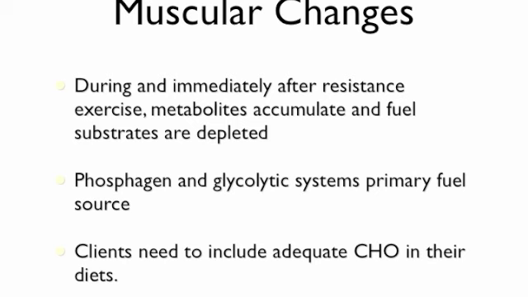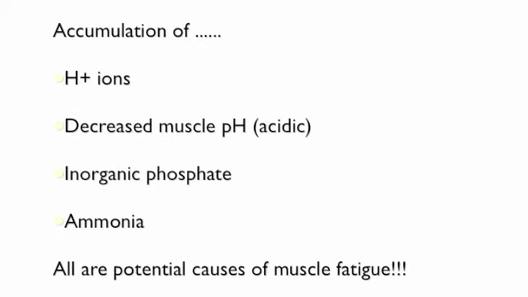And if you recall, these are some of the metabolites that start to accumulate. Hydrogen ions will start to accumulate. Hydrogen ions are produced during glycolysis. We also see a decrease in pH, which makes the muscle environment more acidic.